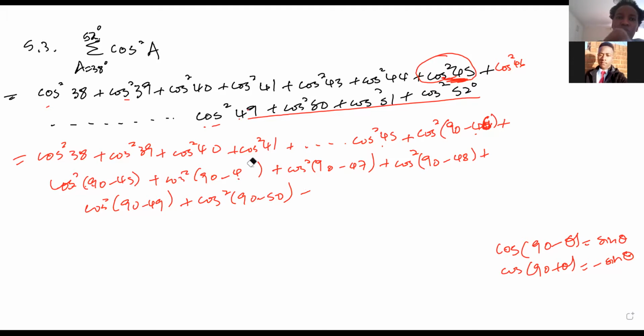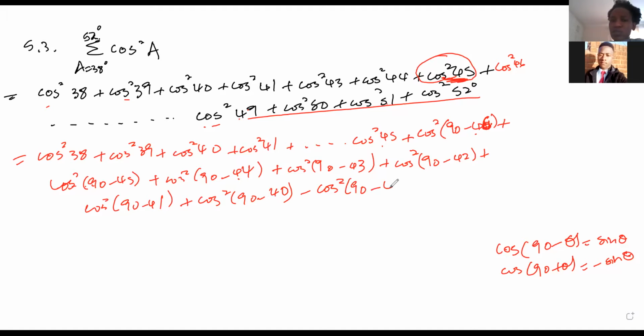So I'll have 44 here instead. 47 is the same as 90 minus 43, and then 48 is the same as 90 minus 42. So I was supposed to go down, not up: 90 minus 42, 90 minus 41, 90 minus 40. That is the 51, then 51 will be 90 minus 40.